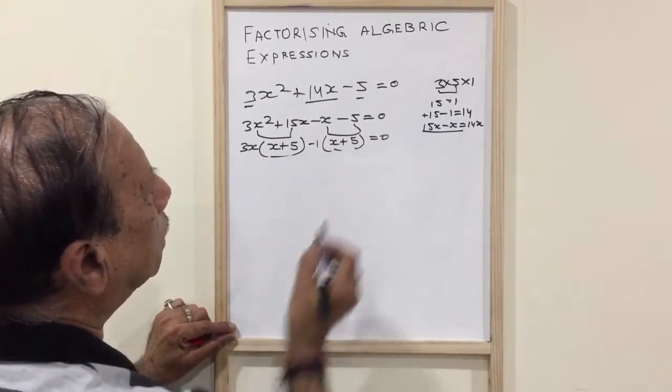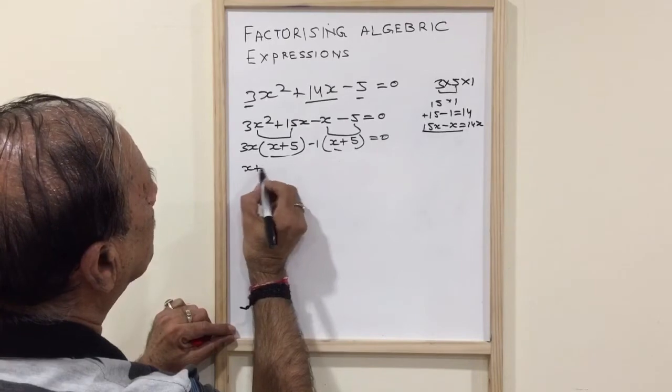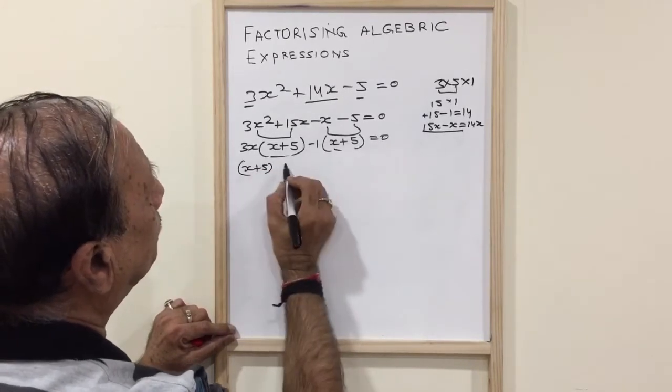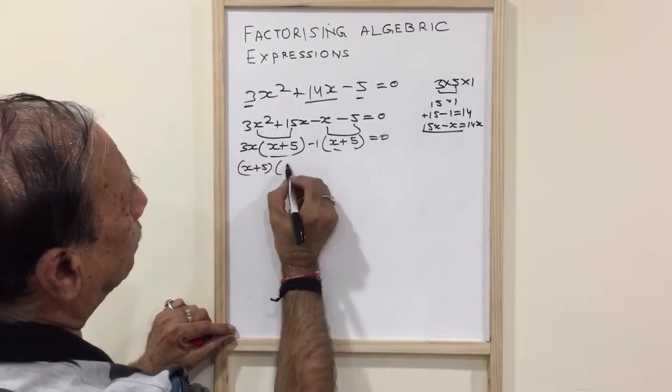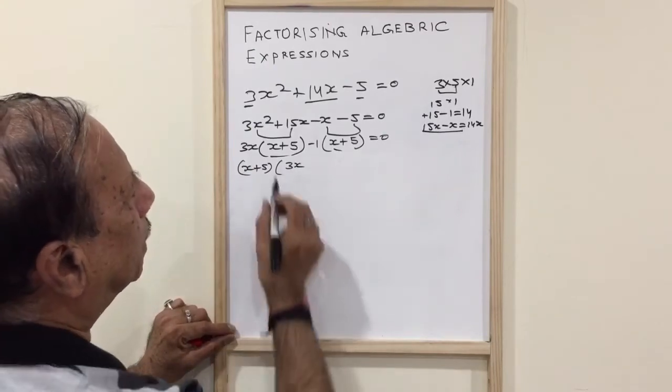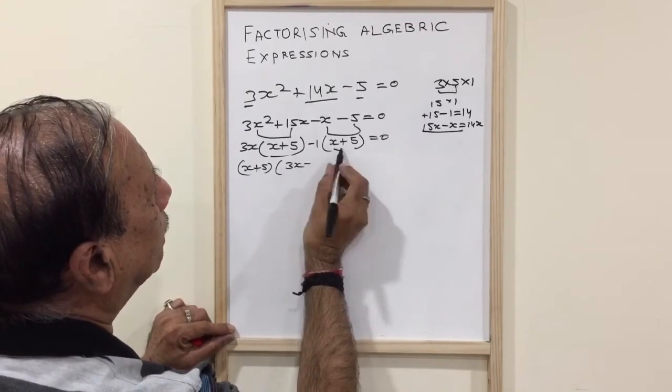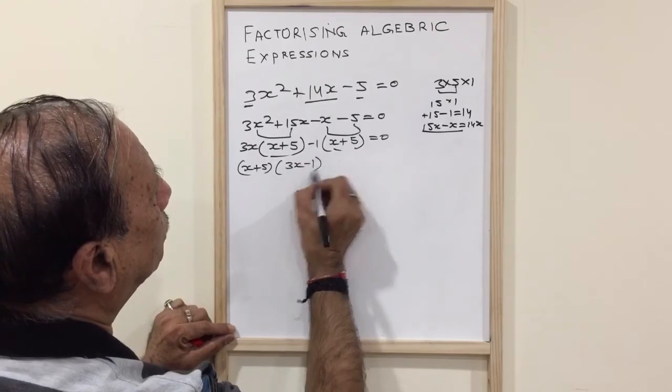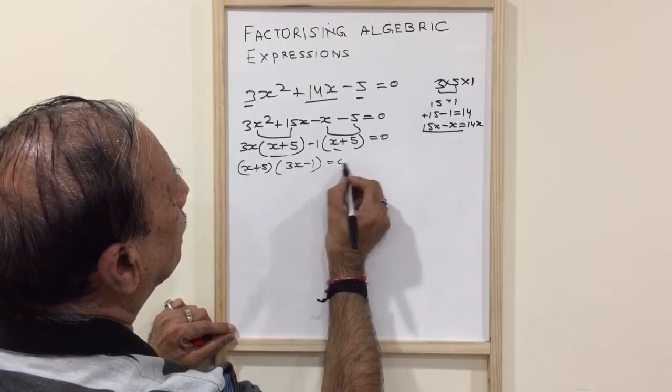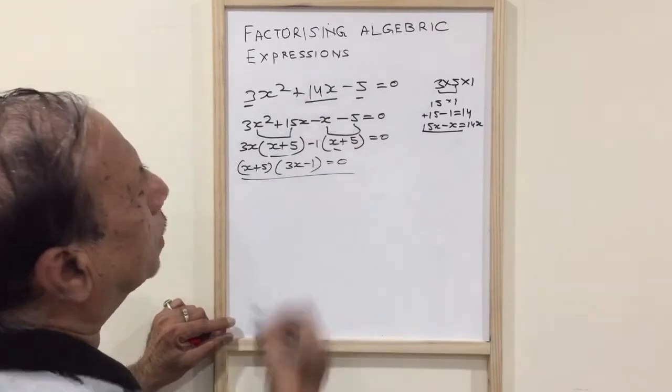From this equation, we can see x plus 5 is common in both places. If we take out x plus 5 over here, we are left with 3x, and if we take x plus 5 from here also, it will be left with minus 1. So this is the factor of this equation.